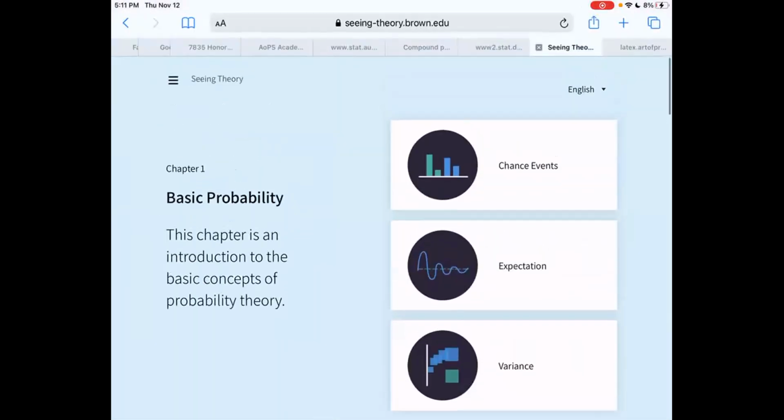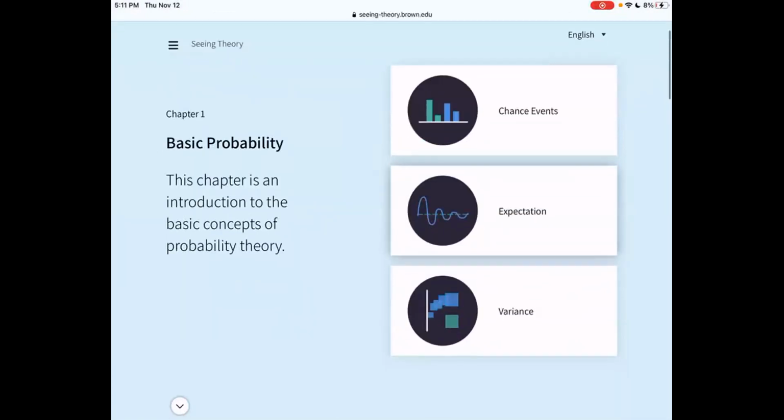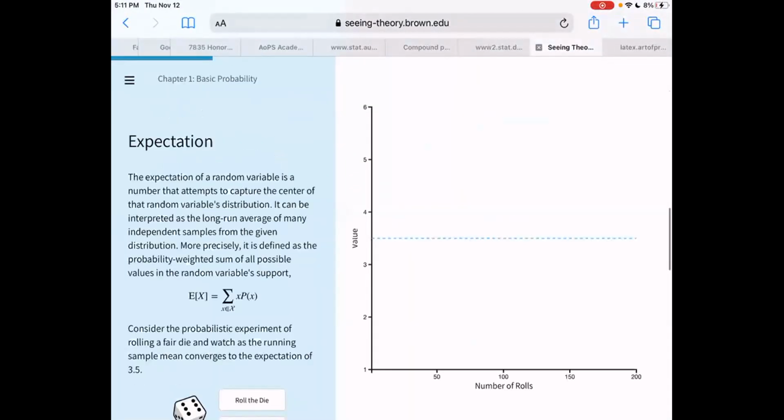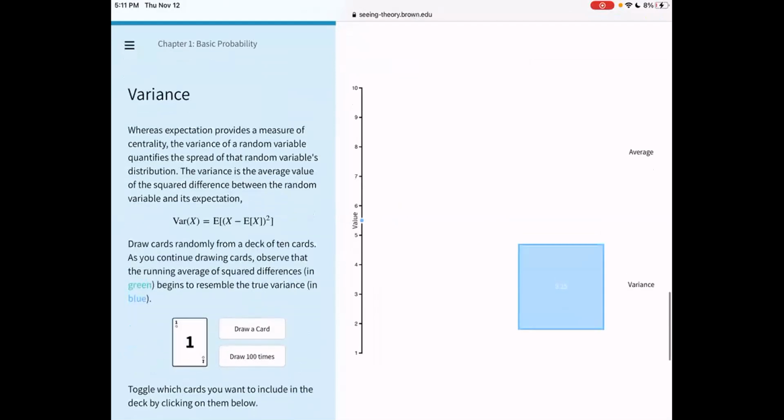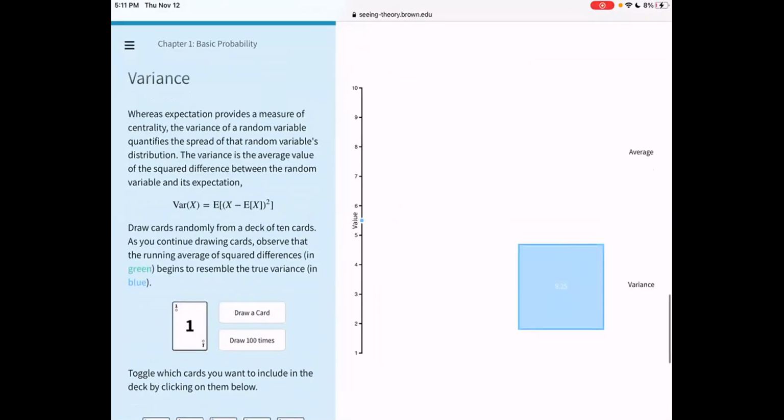These are some cool things to explore, like variance here. We saw this formula earlier. If you draw a deck from 10 cards, you get the average of the square differences.